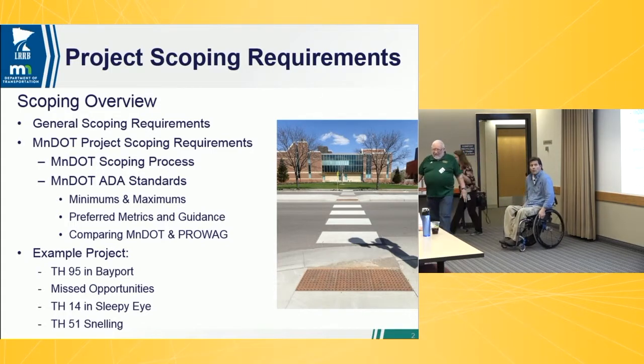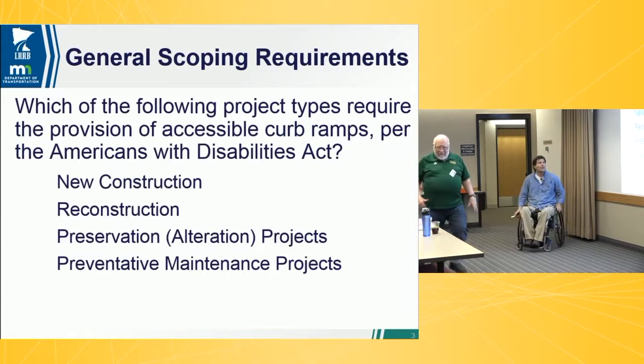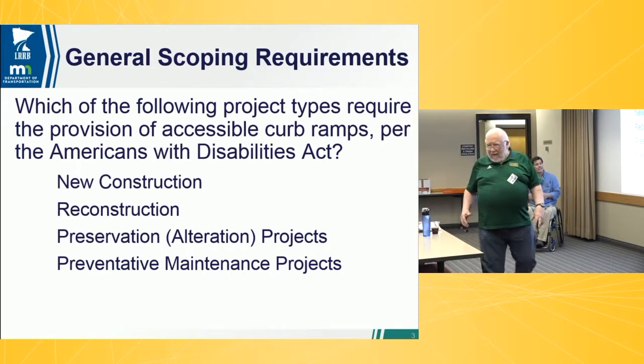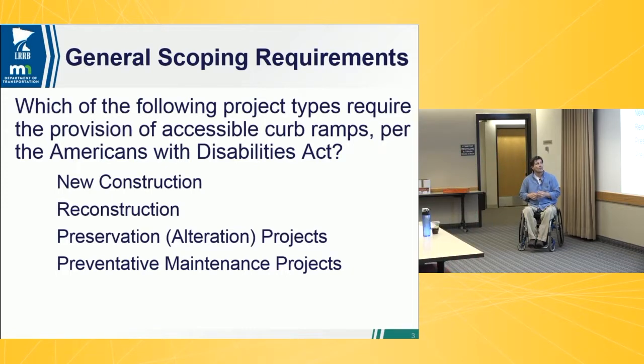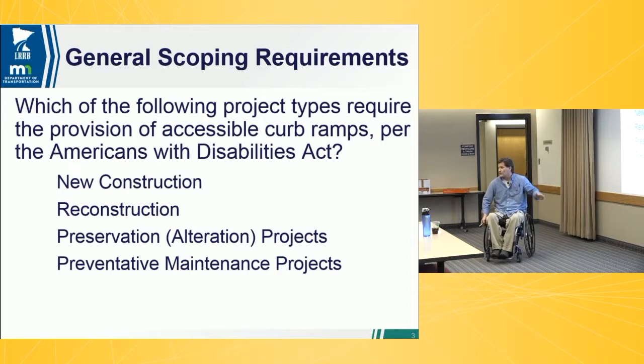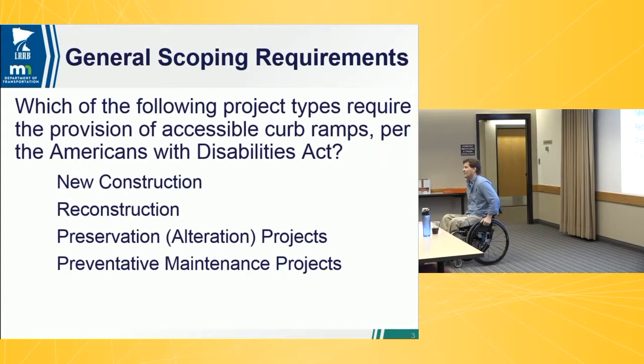The first portion is based off the federal criteria. Which of the following project types require the provisions of accessible curb ramps per the Americans with Disabilities Act? The first one, new construction, curb ramps? Yep. Reconstruction? Yep. Preservation or alteration projects? Yep, okay.